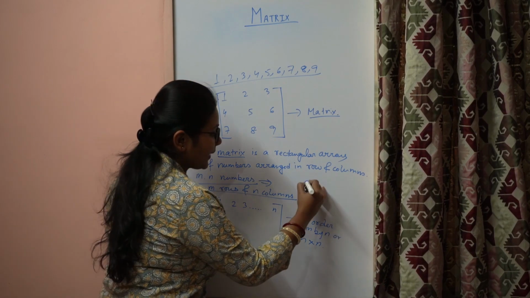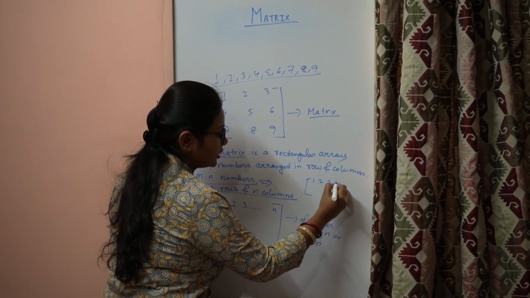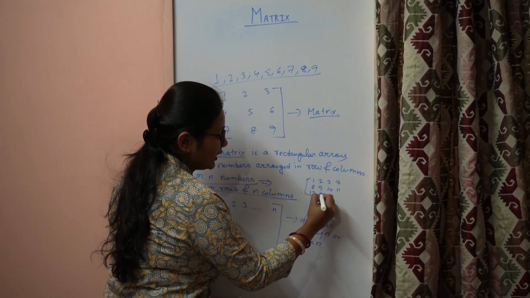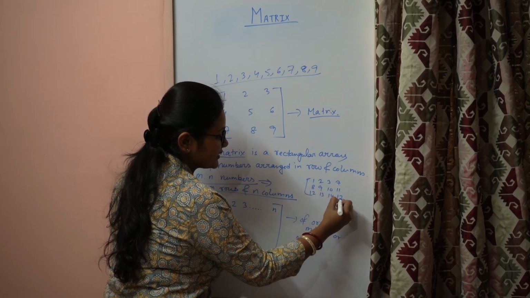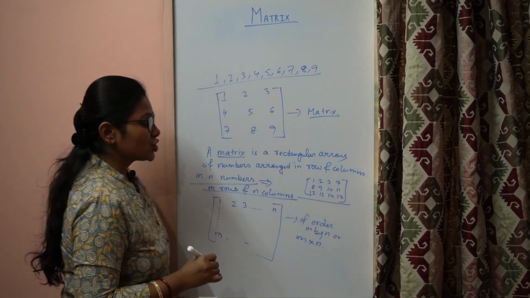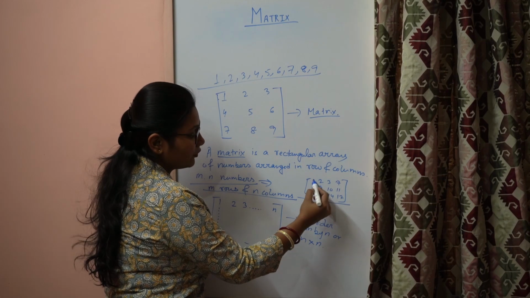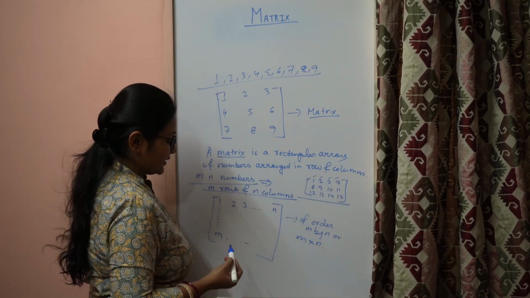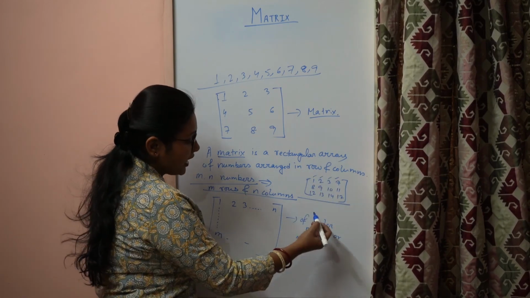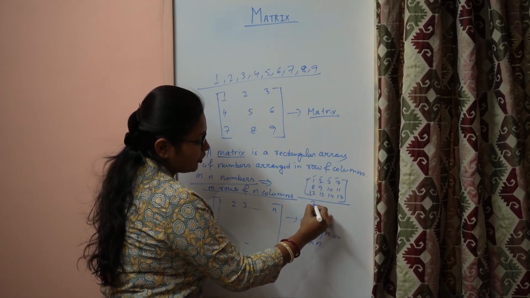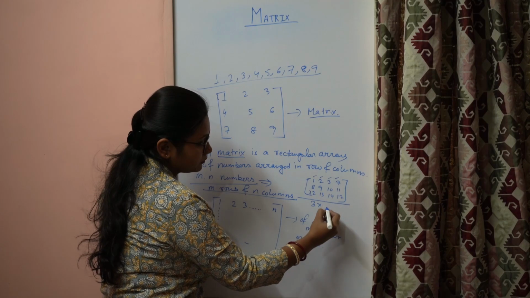Suppose this is a matrix: 1, 2, 3, 7, 8, 9, 10, 11, 12, 13, 14 and 17. What is the dimension of this matrix? How many columns are there? 1, 2, 3, 4 columns. And how many rows? 3 rows. So the dimension will be 3 into 4.